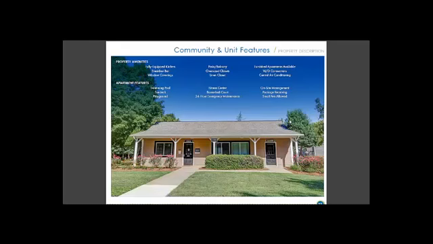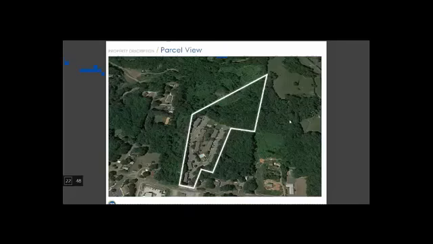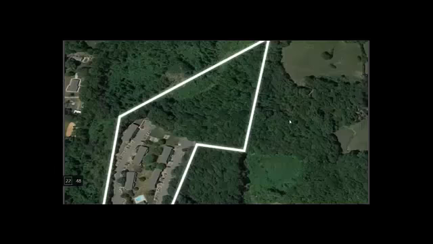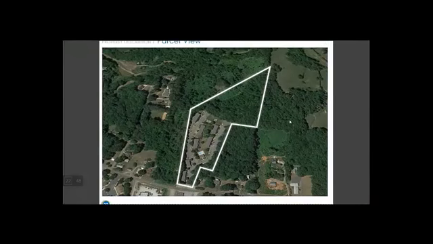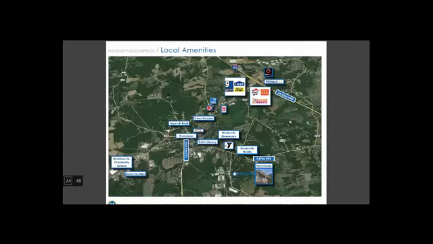Property amenities, apartment features, I'm not going to go through any of that. That's all strange. Look at all that extra land there. That's interesting. Was there anything said? I may have missed it where it talked about development of that additional parcel. Let me see. Now they're showing you some of the other places.